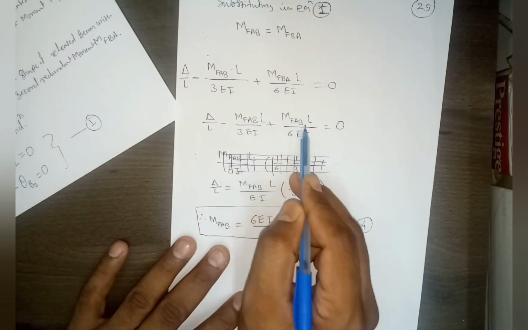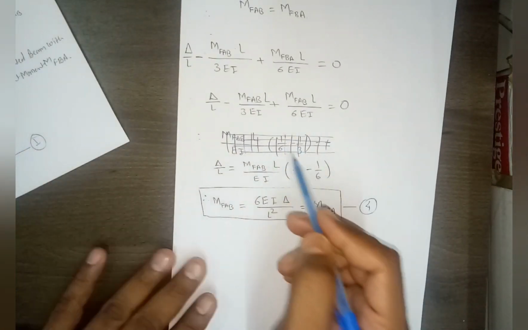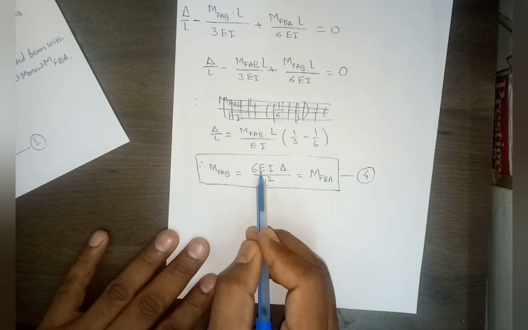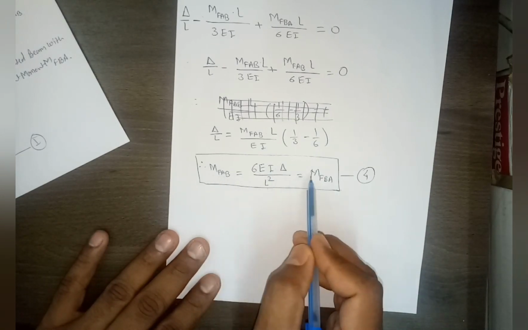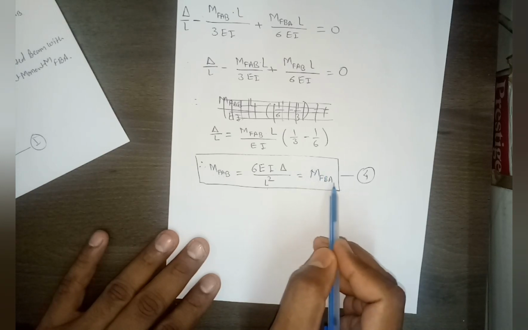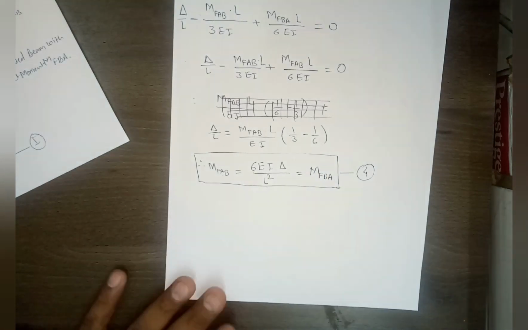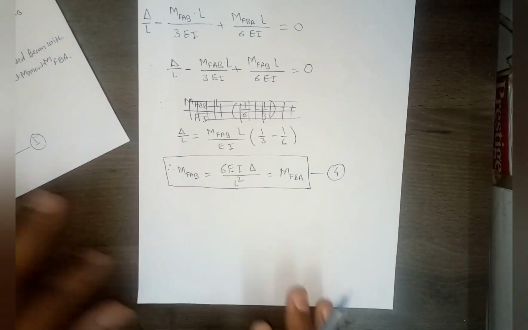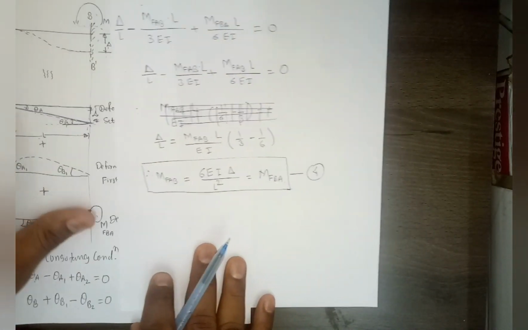If you rearrange this term, easily what we can get is MFAB equal to 6EI delta by L square, which is also equal to MFBA. So this is the fixed end moment that we get because of settlement of the support.